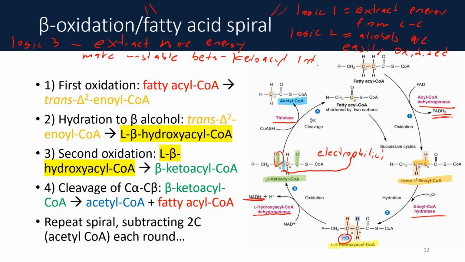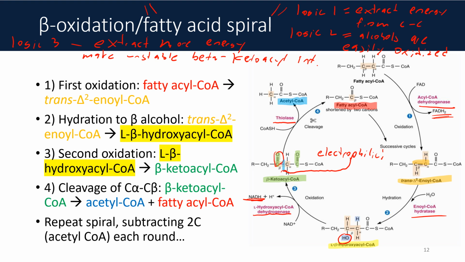And then the enzyme thiolase will stick a replacement coenzyme A and attach it to what used to be the beta carbon, giving us fatty acyl-CoA all over again, but this time shortened by 2 carbons, an acetyl-CoA unit.